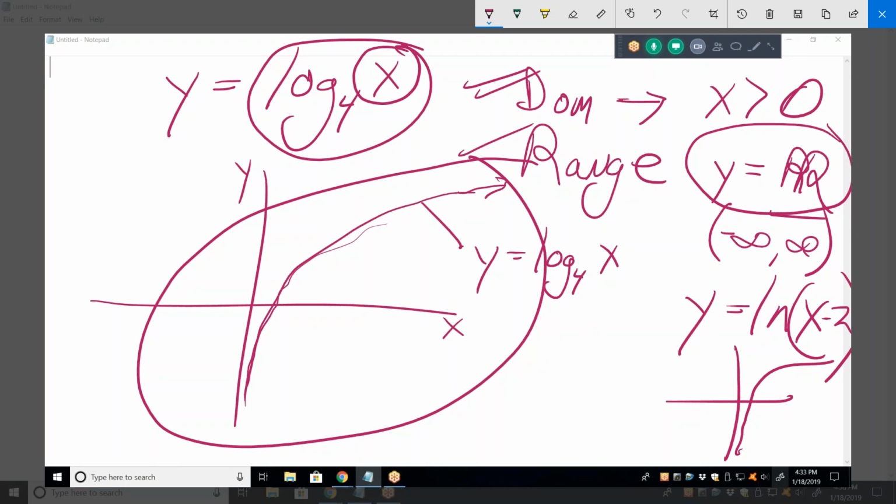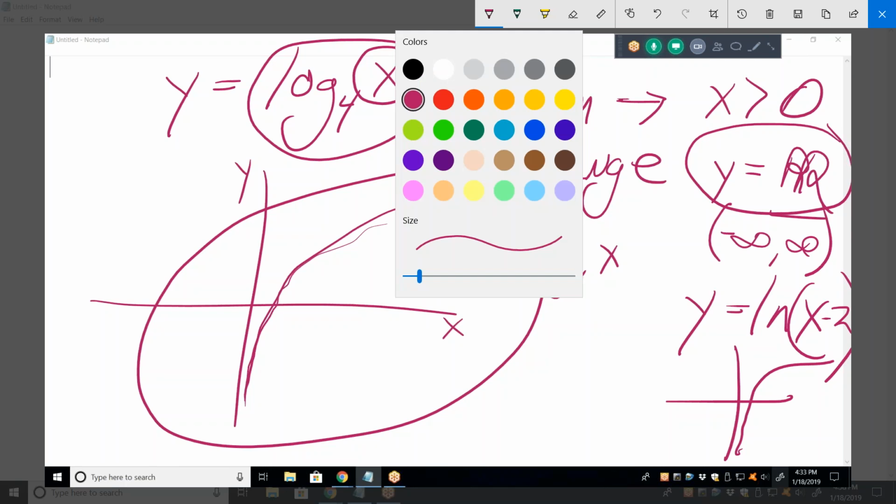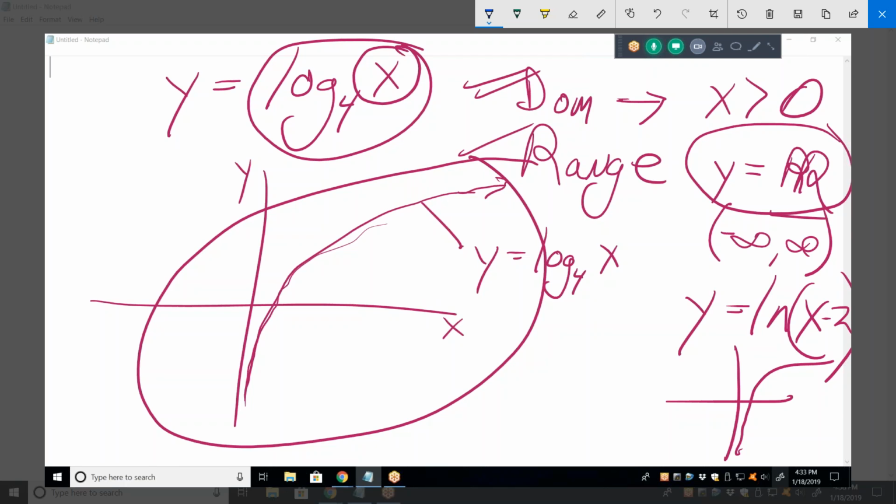Well, now everything shifts to the right by 2 units, and so that graph would be a simple transformation. Remember your transformations where you go horizontal or vertical, or you reflect over the x-axis, or you reflect over the y-axis. Well, log functions are going to be included in that. You're going to get transformations of log functions also.